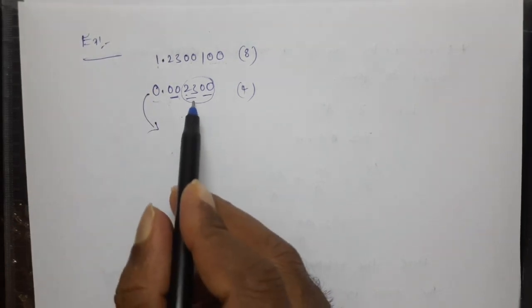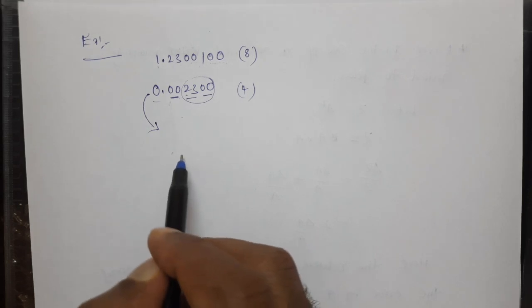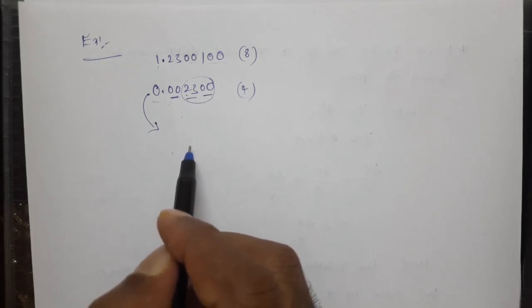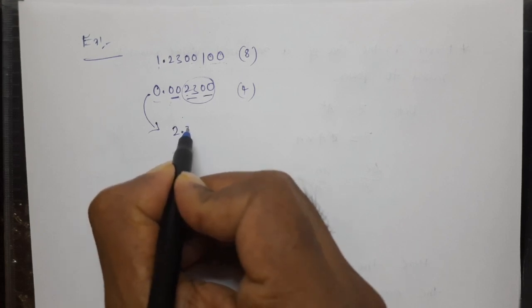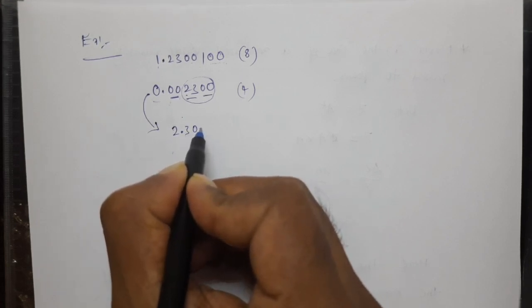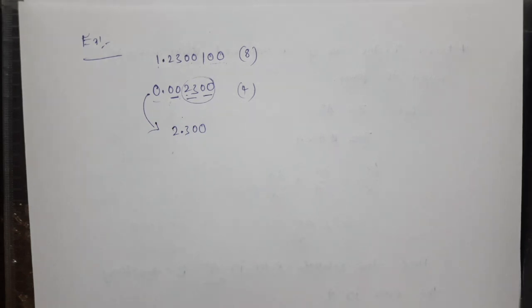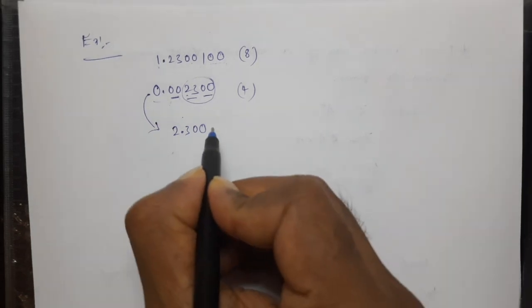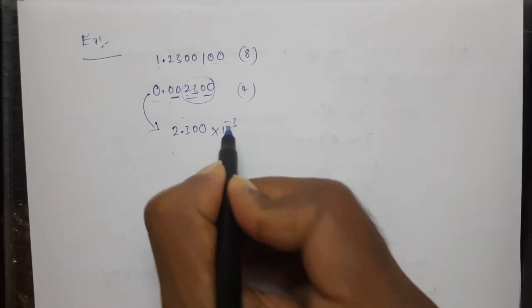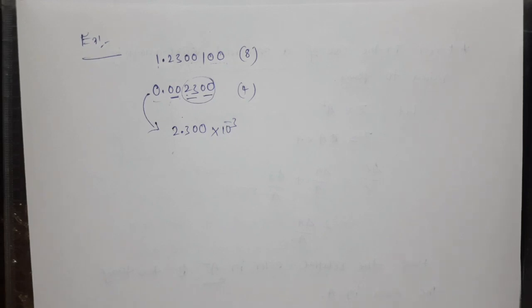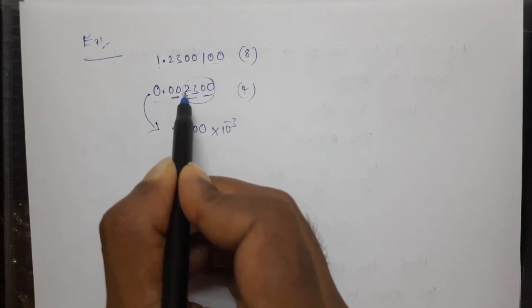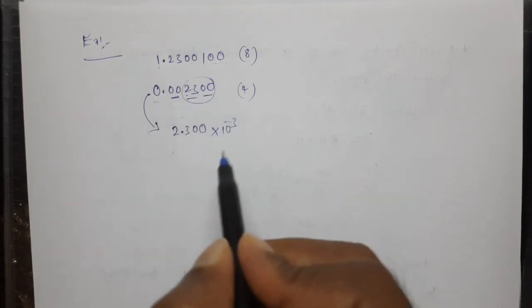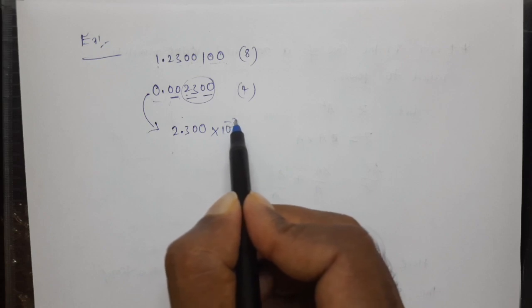Now let us represent this quantity in scientific notation. How do we represent it in scientific notation? 2.300 into 10 power minus 3. Yes, we are moving the decimal point from here by 1, 2, 3, shifting 3 places, right? So that is the reason we have to multiply with 10 power minus 3.